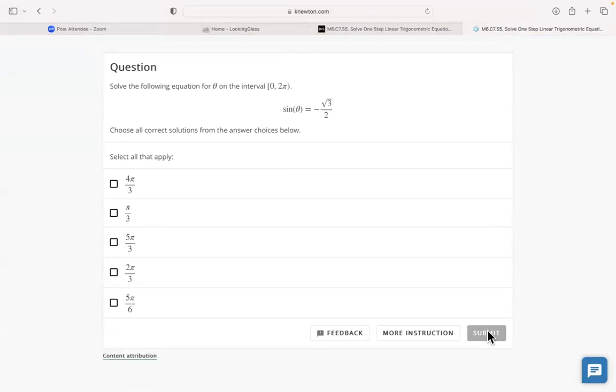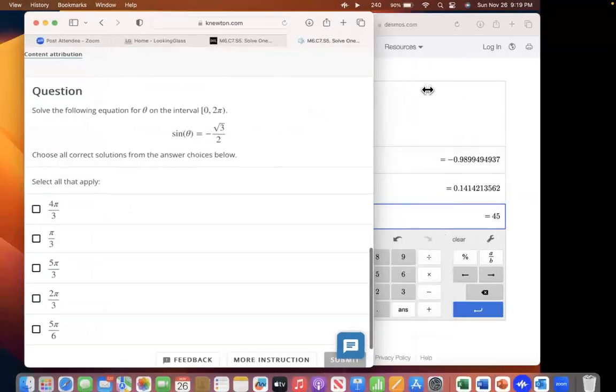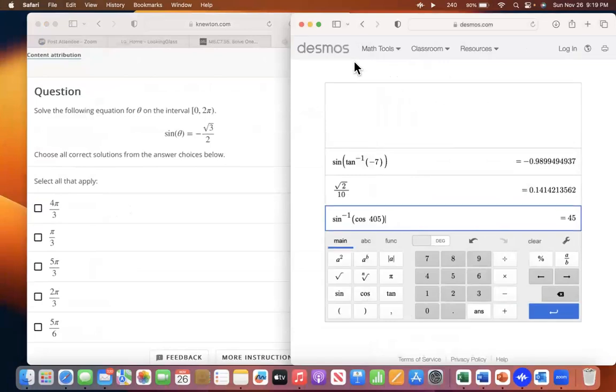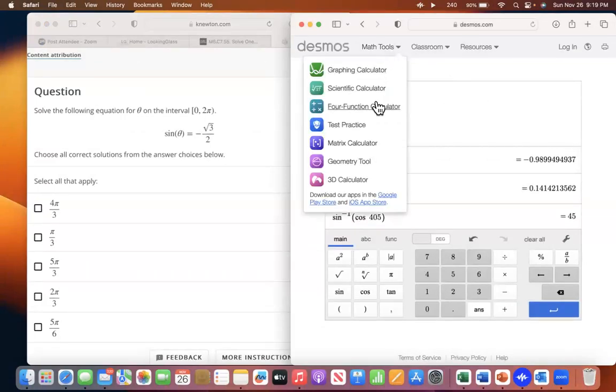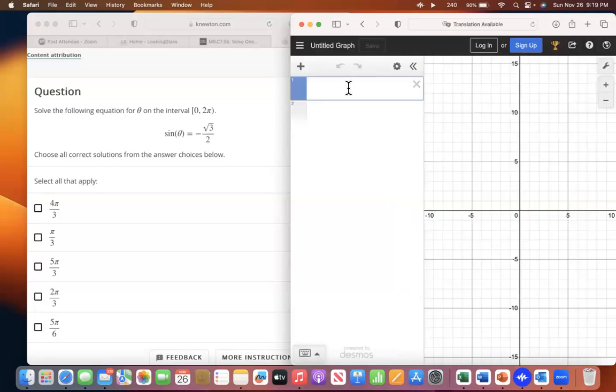With these ones, should I put them into Desmos too? I would graph this. Yeah, that would be the fastest way to do it. So if you want to split screen again, this one you'll need the graphing calculator. So graph y equals sine x. Yep.